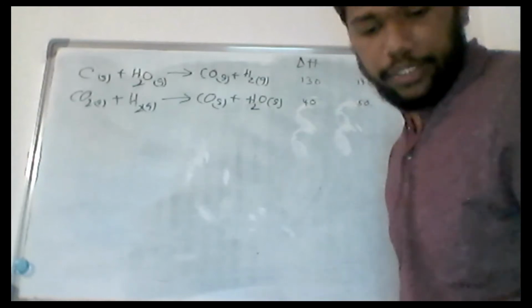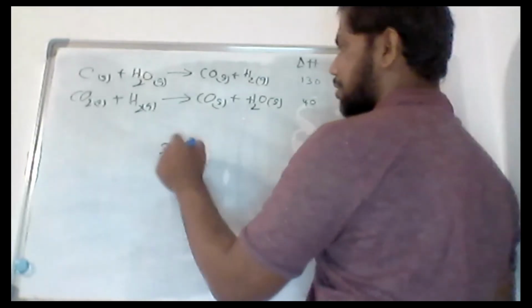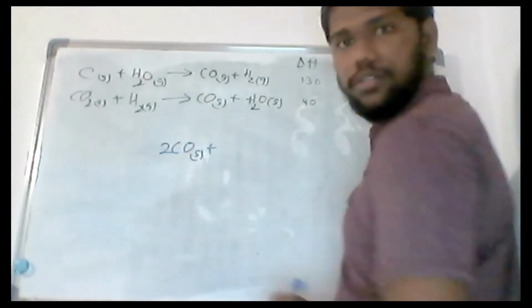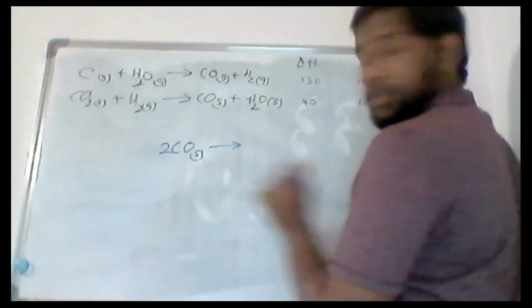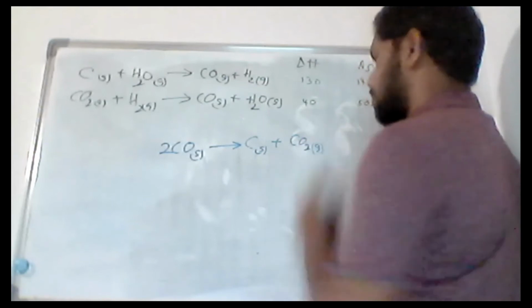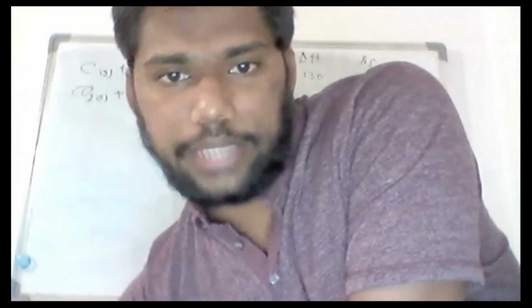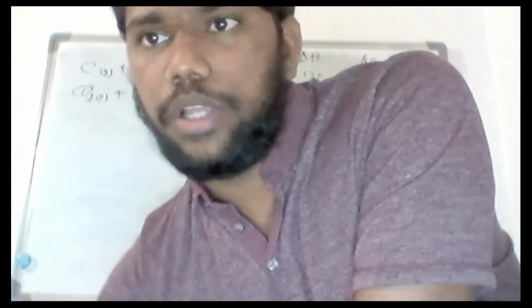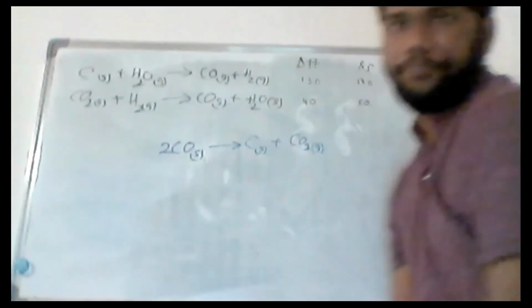So we need to calculate the enthalpy of this reaction, 2CO gas giving carbon solid and CO2 gas, I guess. Okay, so state giving reason whether the sign of delta S agrees with the reaction taking place. So we will need to conclude about the entropy as well.